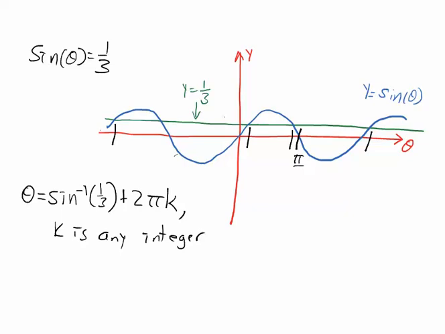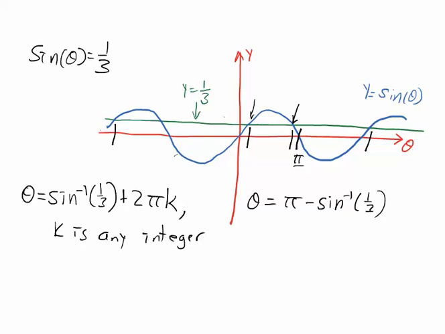So this solution right here is the same distance from pi that this solution is from the y-axis, but it's to the left of theta equals pi. So we can actually find this solution by letting theta be pi minus sine inverse of 1/3.